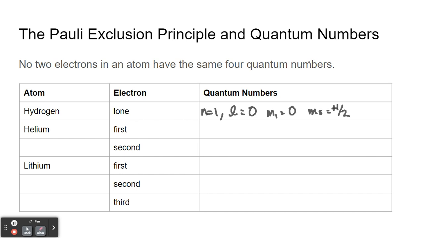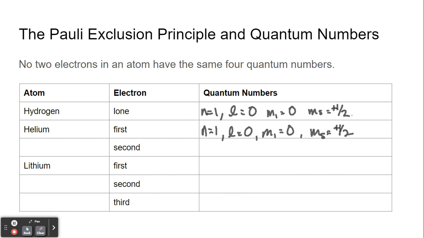Helium's first electron is going to have exactly the same quantum numbers as hydrogen's electron: n equals 1, l equals 0, ml equals 0, and ms equals positive one half.